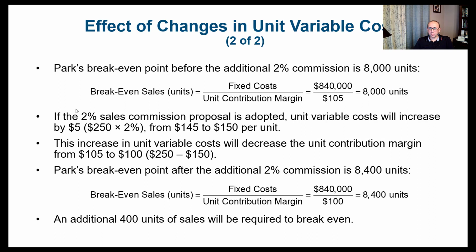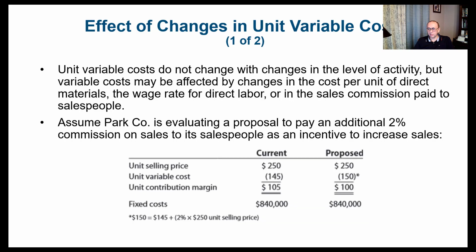After we make the 2% proposed increase in sales commission, the variable cost will go up from 145 to 150. So that would have an impact on the unit contribution margin by lowering it from 105 to 100. Because keep in mind, the unit contribution margin is the difference between the selling price and the unit variable cost. So when the unit variable cost went up, the unit contribution margin would go down.